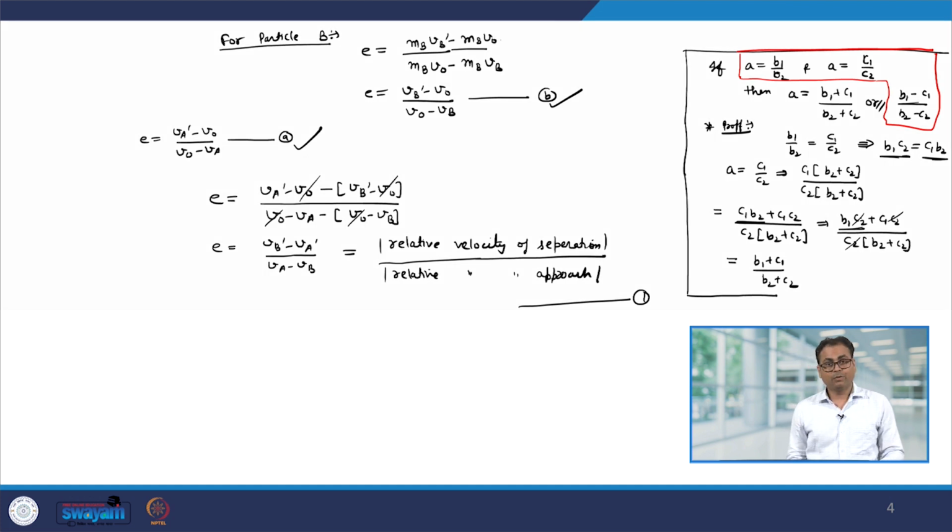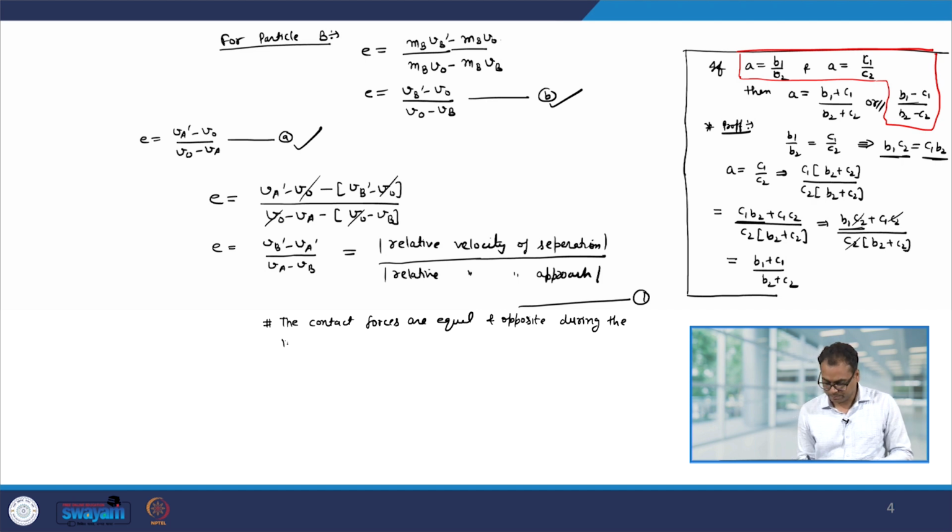Now, we need one more equation, and for that we can use the fact that the contact forces are equal and opposite during the impact.